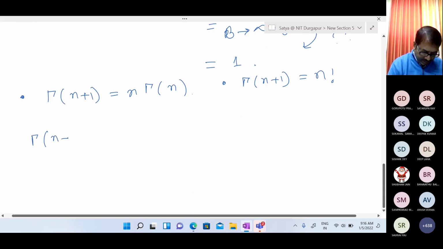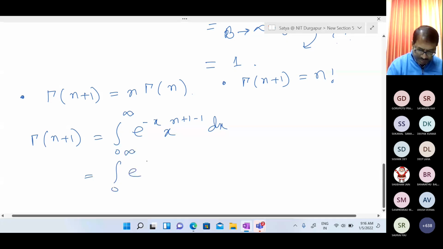Gamma of n plus 1, according to the definition, equals the integration over 0 to infinity of e to the power minus x, x to the power n plus 1 minus 1 dx. So it is directly, from the definition, the integration of e to the power minus x, x to the power n dx.